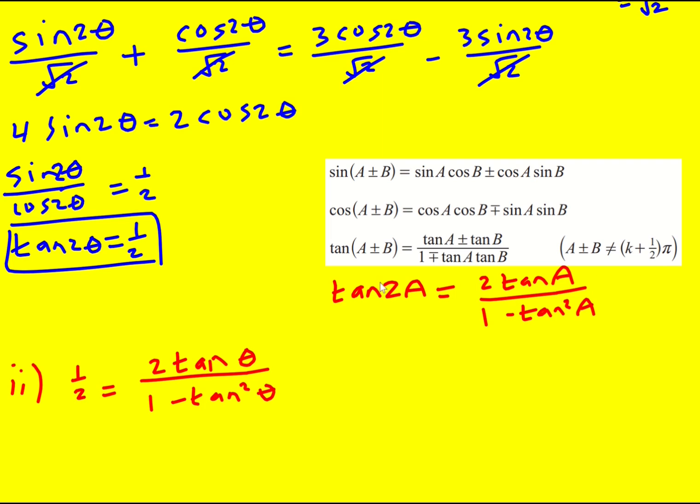Quite subtle, that bit. I'm going to multiply through by 1 minus tan squared theta first, I think. I could have multiplied through by 2. Do you know what? I'm going to do that. Multiply both sides by 2 to give 1 equals 4 tan theta over 1 minus tan squared theta. Note you just times the top by 4, not top and bottom, because otherwise you're not changing it.